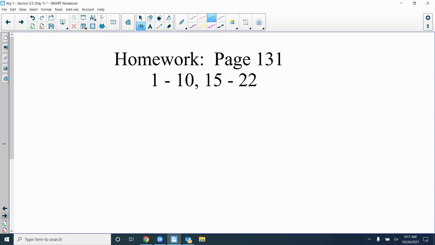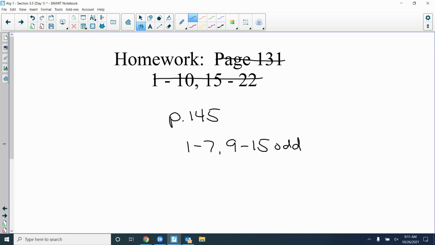Page 145. And it's different numbers as well. 1 through 7. Nine through 15 odd. Is 1 through 7 all? Yep, 1 through 7 all.